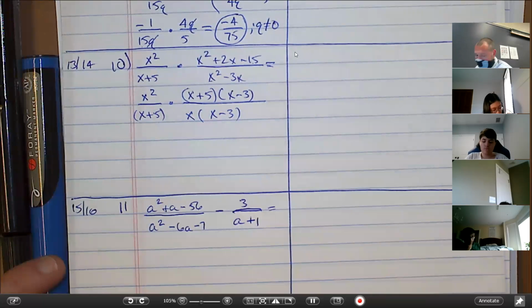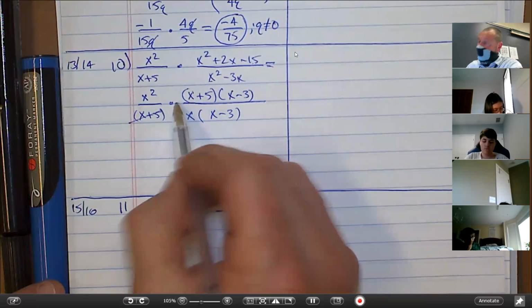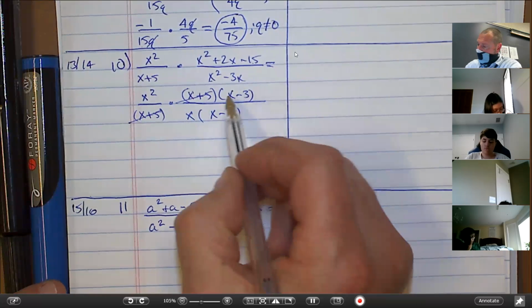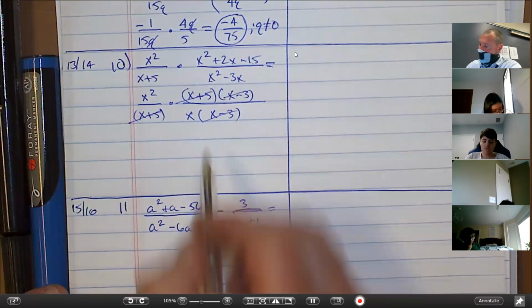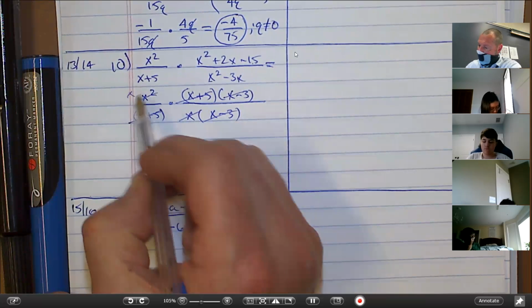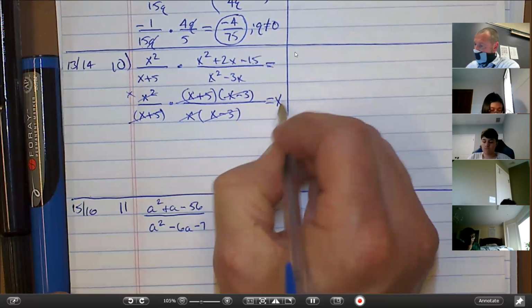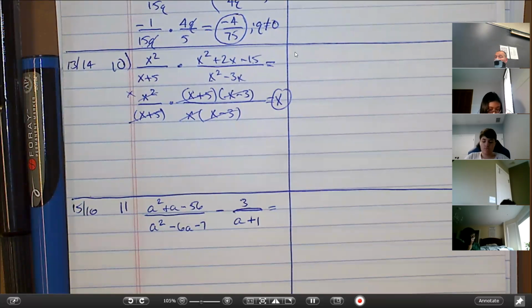There's lots of stuff that I can do to cancel things. I see that there's an x plus 5 and an x plus 5, an x minus 3 and an x minus 3, and an x to the first and an x to the second, which just leaves me x to the first. So all I'm left with really is x on top.